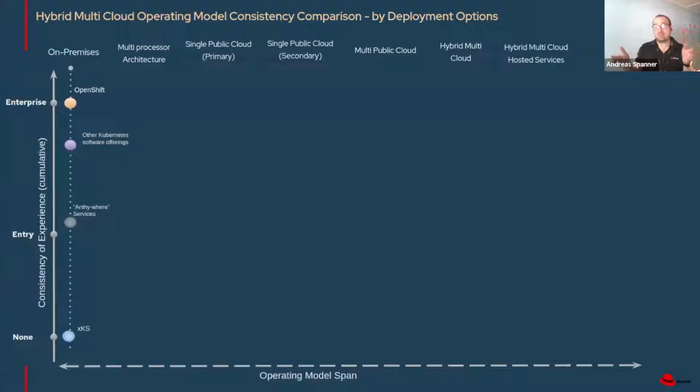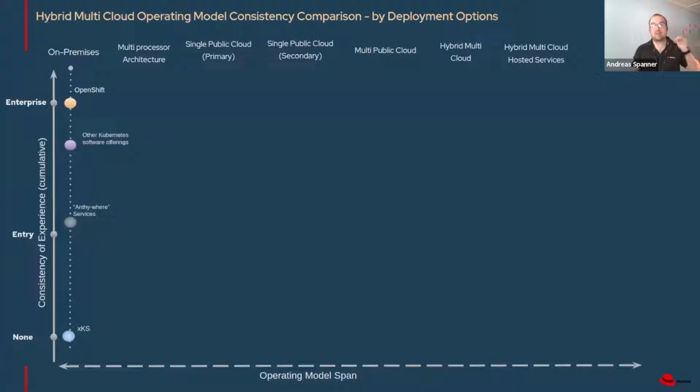So those guys have now also seen that hybrid cloud and hybrid multi-cloud is a thing, and it refers to offerings like EKS Anywhere or Anthos, for example. Then on top of that, we have other Kubernetes software offerings such as Tanzu or Rancher. They're out there. They're also strong contestants. And then we have OpenShift at the very top.